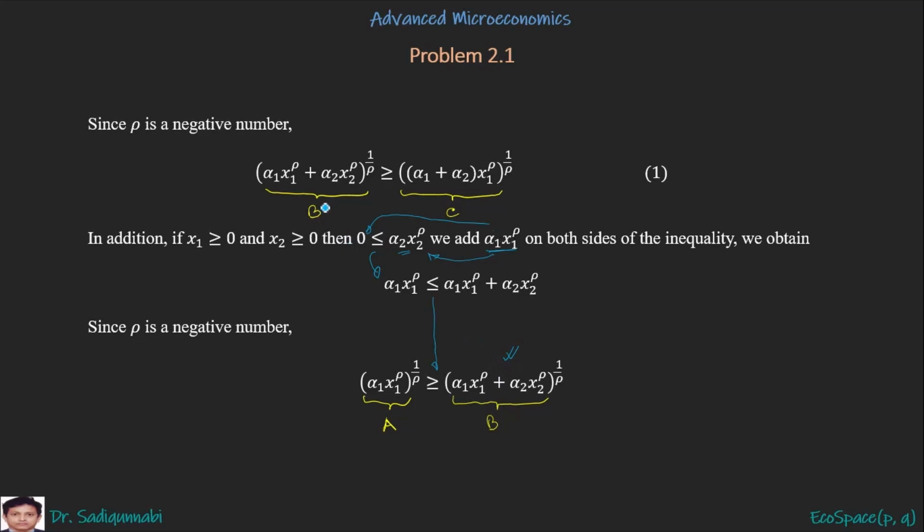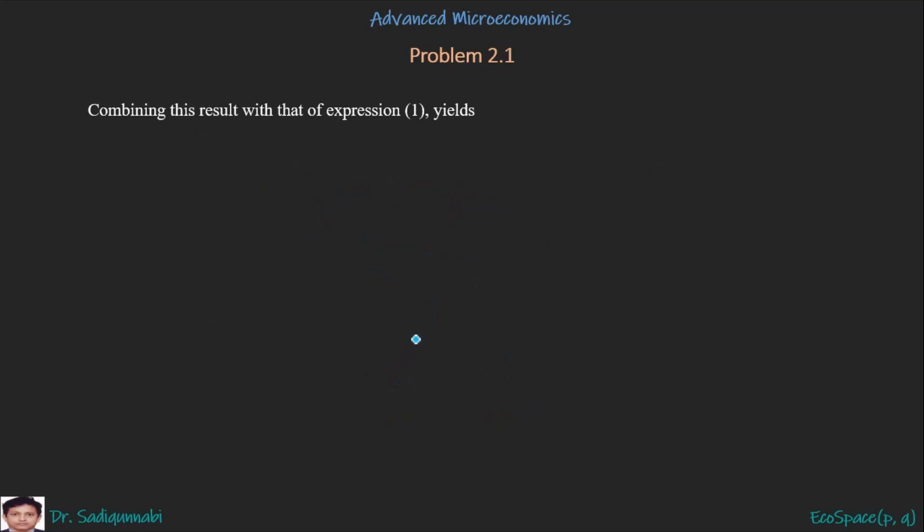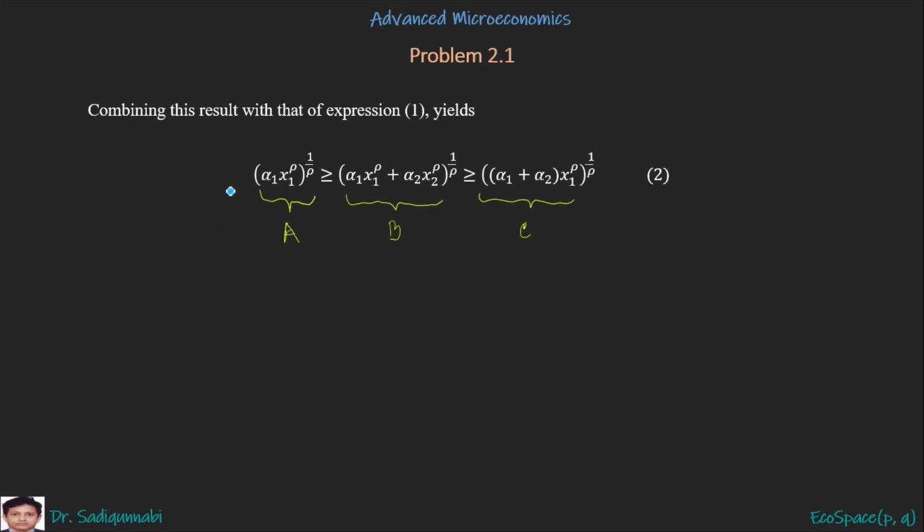So we can find a combination of these two expressions as this one. So we can say that A is greater than or equal to B is greater than or equal to C. Okay, so this is our equation number 2.